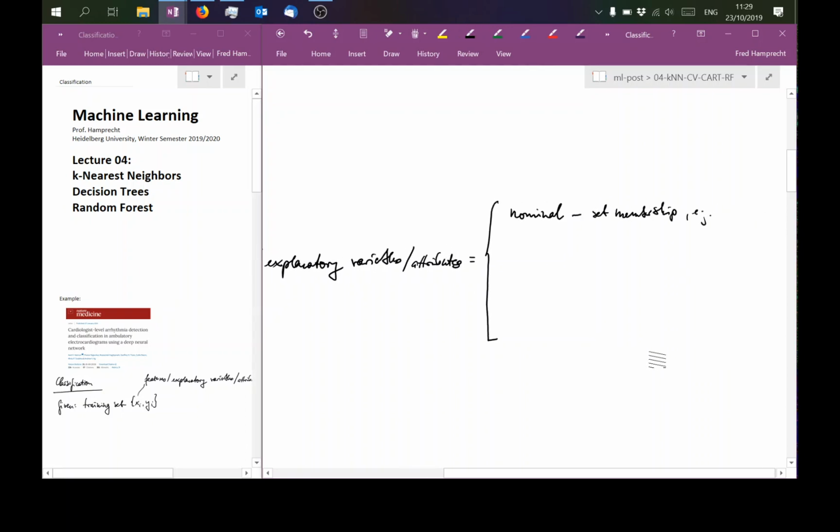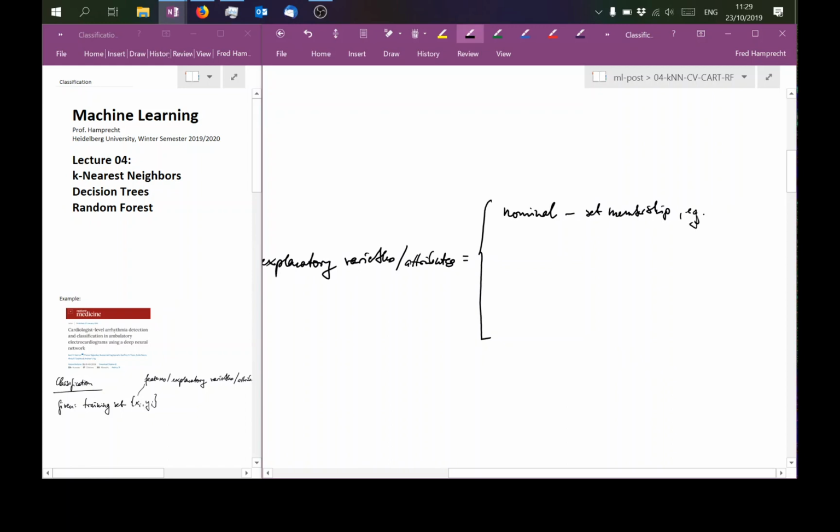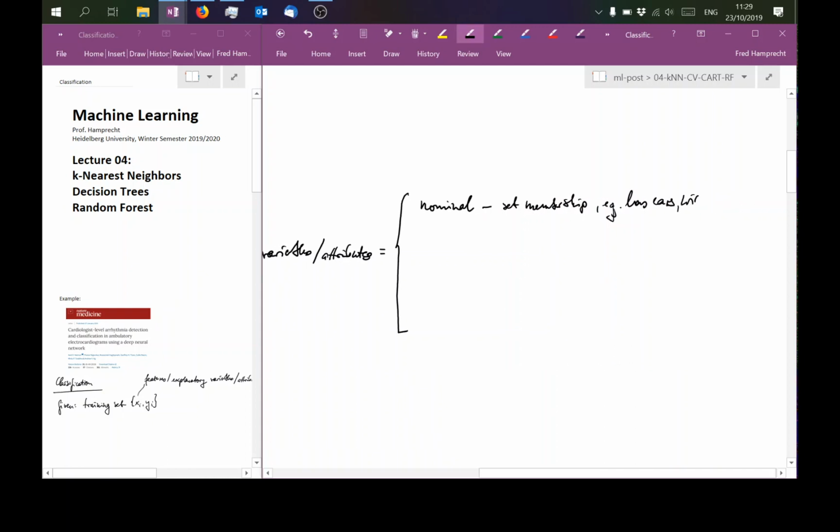For example, a thing has ears, or a thing has wings, etc. If we want to classify, let's say, a biological organism. Or we can have the ordinal scale. Ordinal scale allows ordering of things.